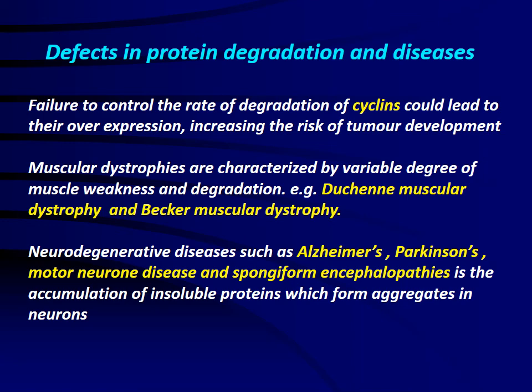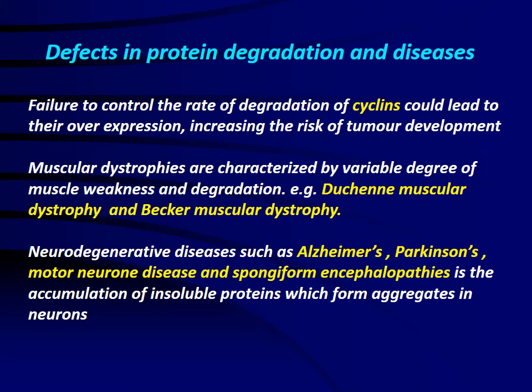Defects in protein degradation and diseases. Failure to control the rate of degradation of cyclins could lead to their overexpression, increasing the risk of tumor development. Muscular dystrophies are characterized by variable degree of muscle weakness and degradation, for example, Duchenne muscular dystrophy and Becker muscular dystrophy.